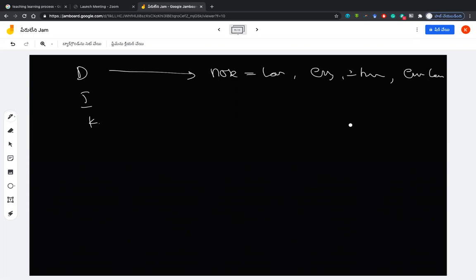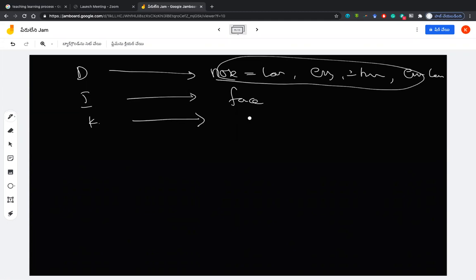Like that, he gives some measurements, right? Combining all these things, the artist forms a face of that particular culprit, and we call this information. Using this, the police searches whom he is related to, what he does, and where he lives, everything. So this is called knowledge. That's what happens in our brain actually.